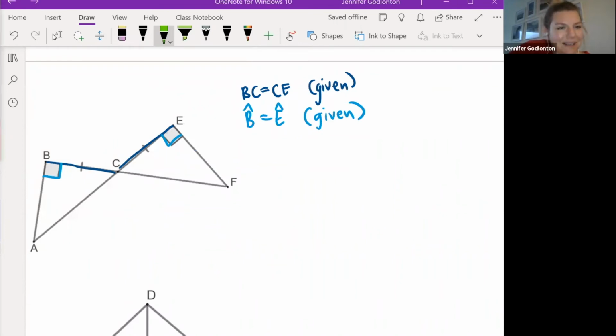Let's see if someone can help you out here. Batio, are you able to help? Yes, ma'am. Vertically. So angle BCA is equal to angle ECA. Good. My reason? Ma'am, vertically opposite angles are equal.